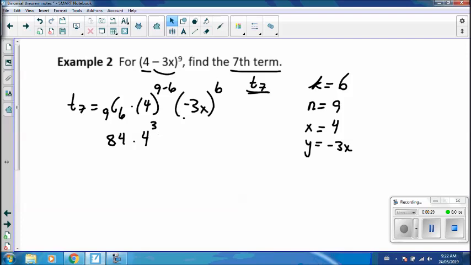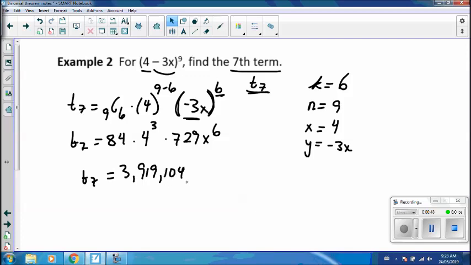And this, notice I've got a negative base. That's why I'm going to use brackets, because when this is even, that negative is going to disappear. And this is going to be 729x to the power 6. And so if I multiply all this together, the 7th term is 3,919,104, pretty big number, x to the power 6. Okay? Moving on.